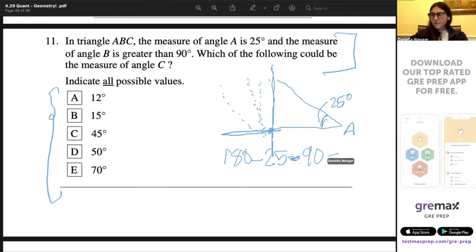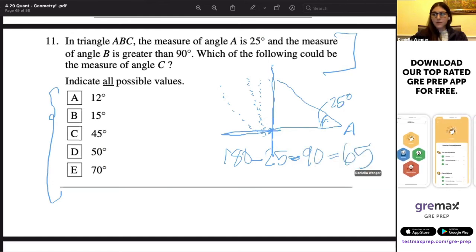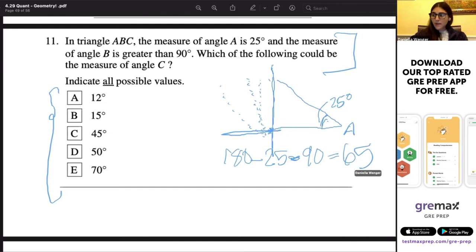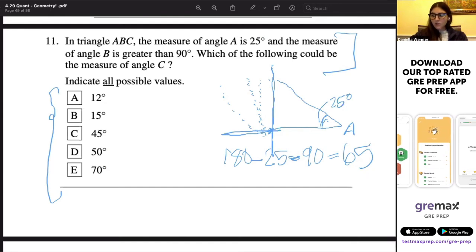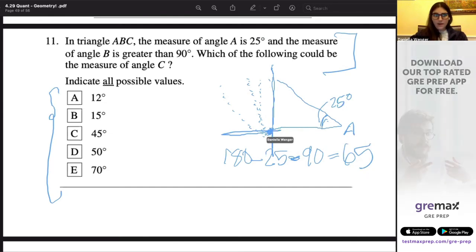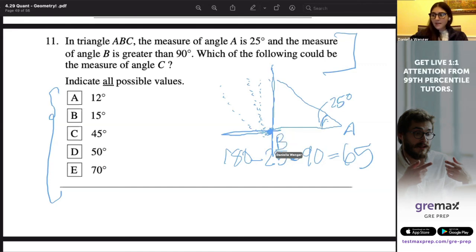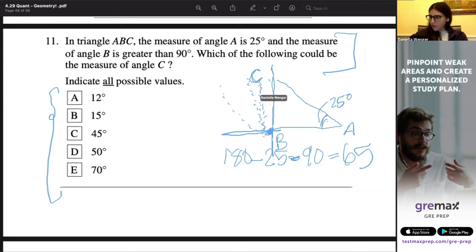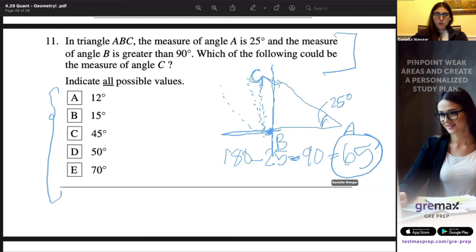That leaves us with 65 degrees left over to divide between this 90-plus degree angle, let's call it angle B, and angle C, which is this mystery angle over here. So let's say it's a little bit greater than 90. We're going to finish up our triangle. So we have 65 degrees to divide between those two angles.